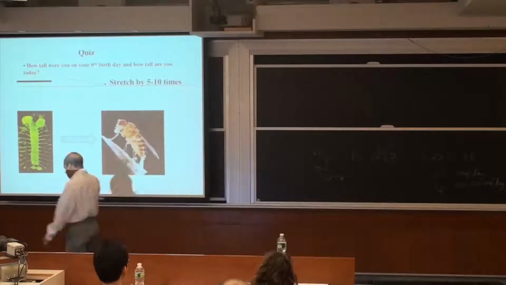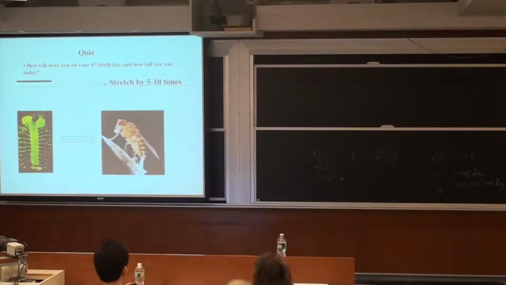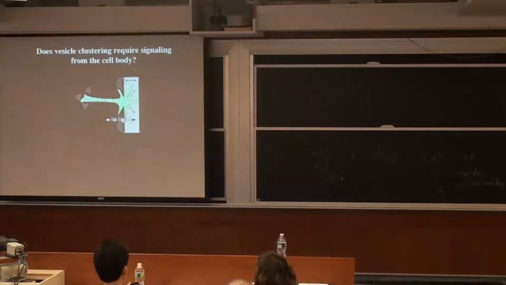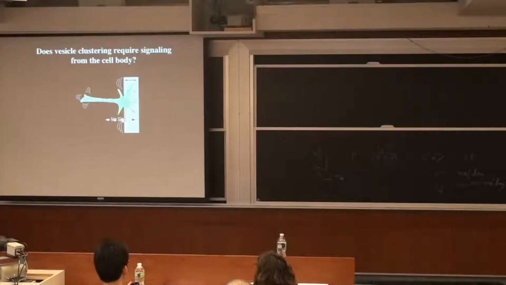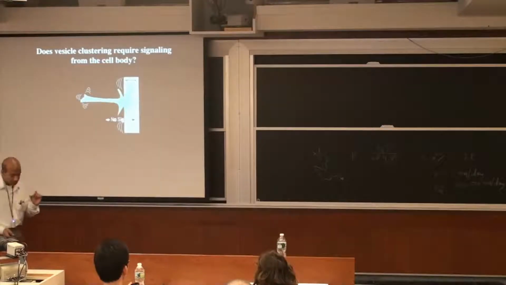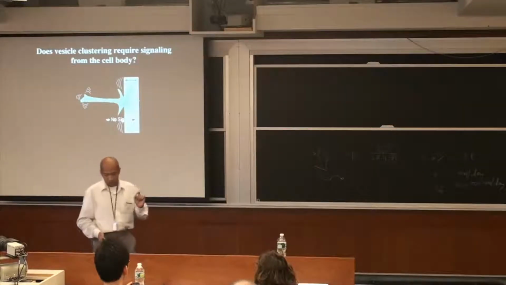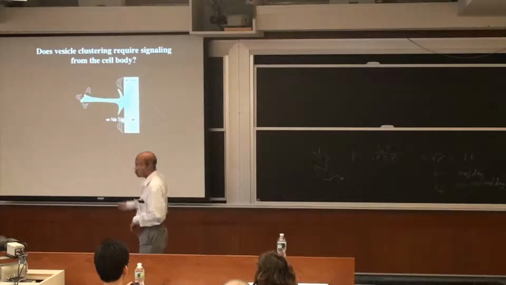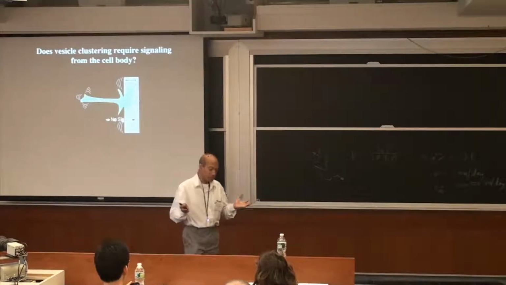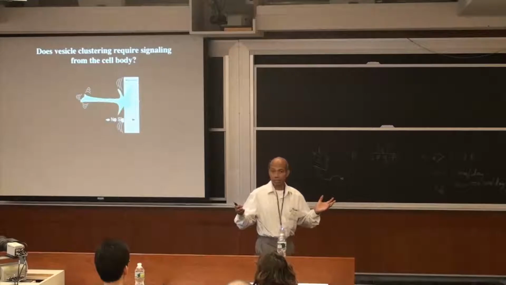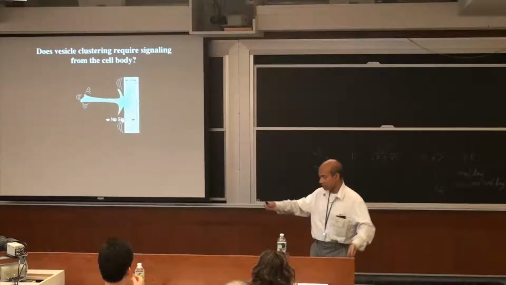Okay, but is it just that? I will now show some examples. So what happens is this tension plays a significant role. We took fruit flies and cut these axons in the middle, and all we were doing is studying the vesicle density in the axon as well as at the end.